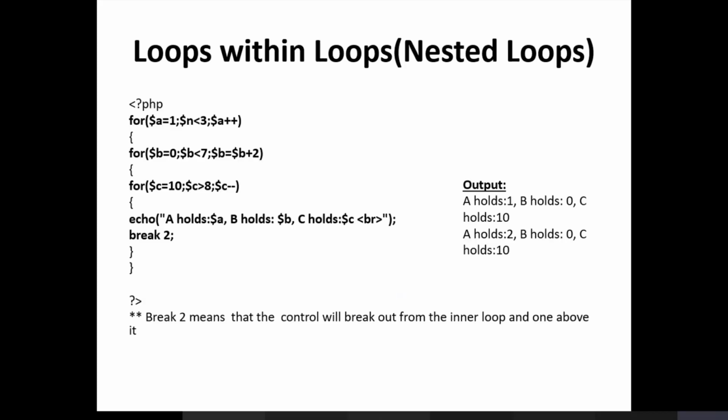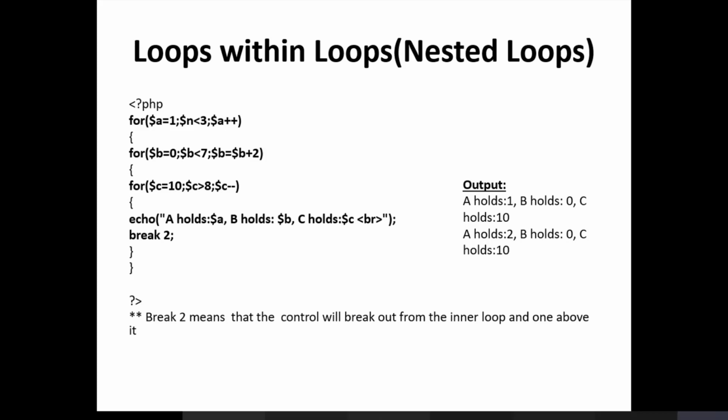Then loops within loops: when we apply a loop within a particular loop, we call these nested loops. So we have a for loop, and again a for loop inside it, and we display the result as A holds, B and C holds, and then we write break 2. Break 2 here means that the control will break out of the inner loop and the one above it.